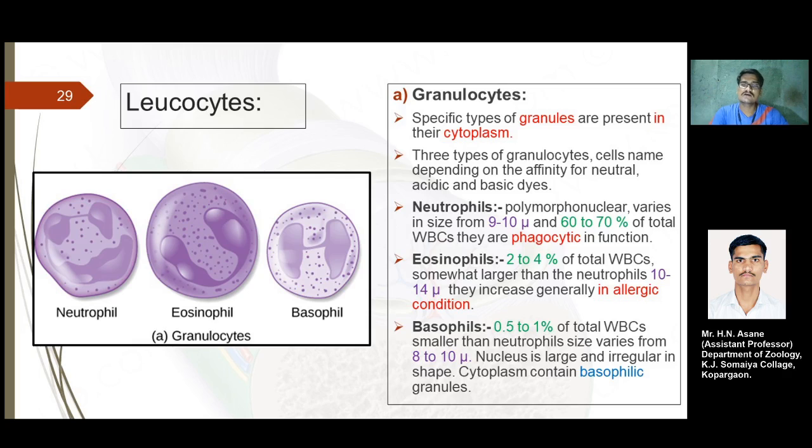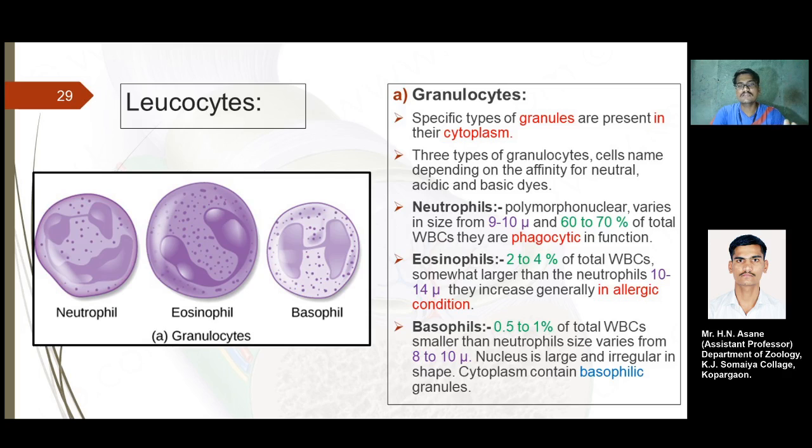The basophils abundance in the total WBC is 0.5 to 1%, and they are smaller than the neutrophils, size varies from 8 to 10 micron, and the nucleus is large and irregular in shape.